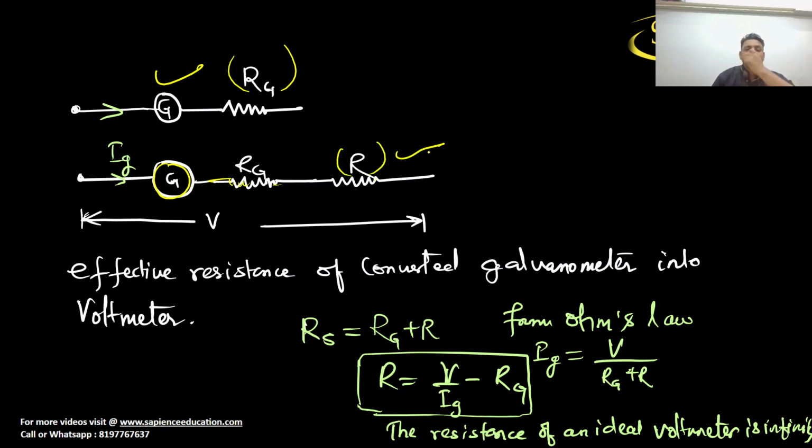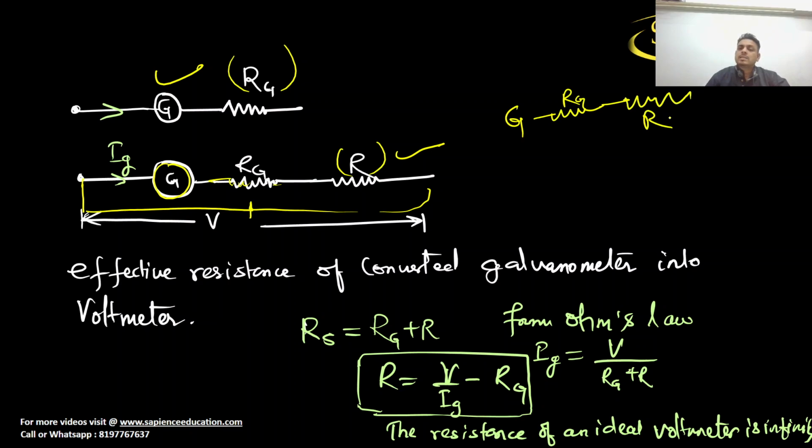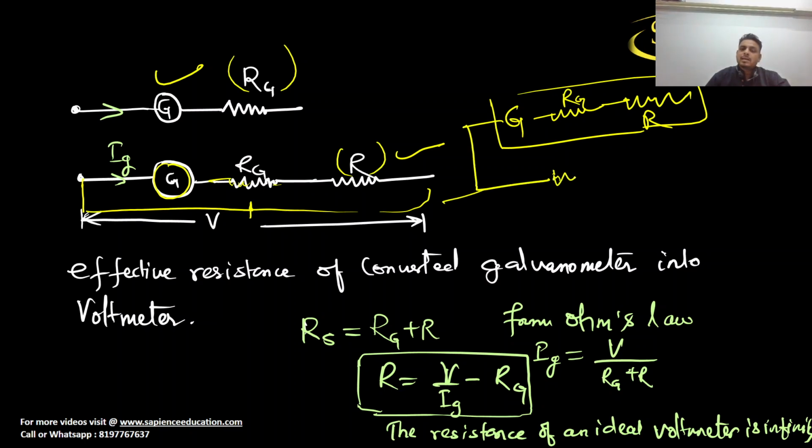This whole combination becomes the voltmeter. So when you connect a galvanometer having resistance Rg with the extra resistance R, it becomes a voltmeter, and this will be connected in parallel. If you want to find the voltage across this, you have to connect it in parallel.